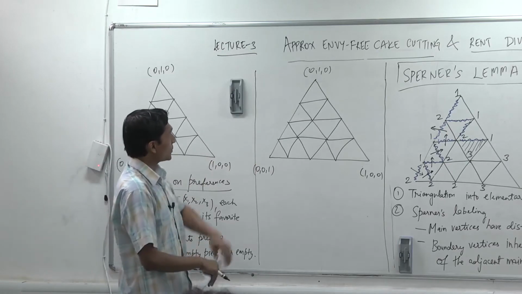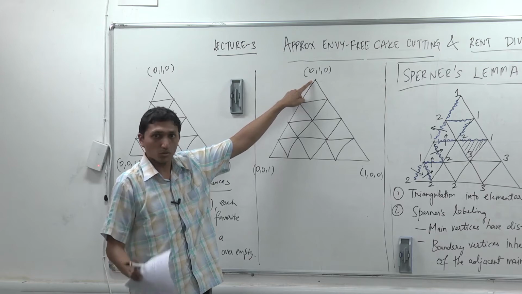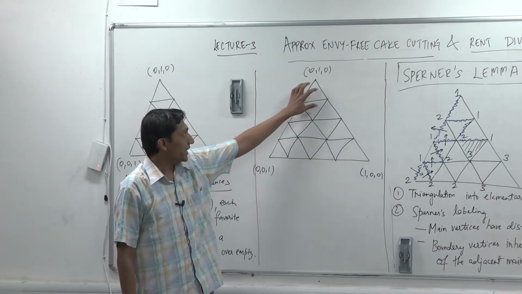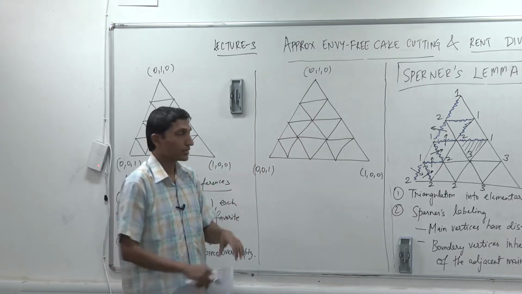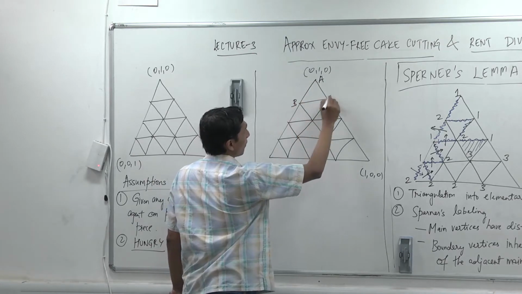So I'm going to assign ownerships, not labels, to each of these vertices such that every elementary triangle has all three owners. And watch how I do it.